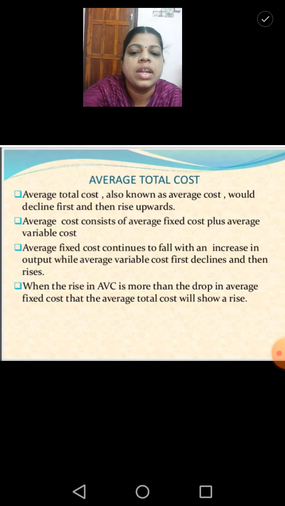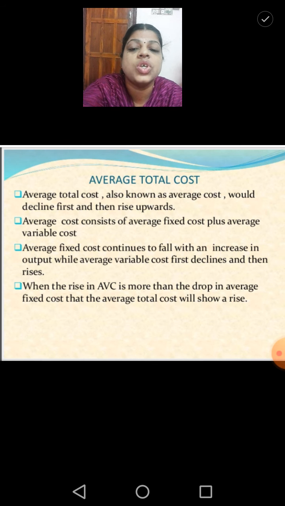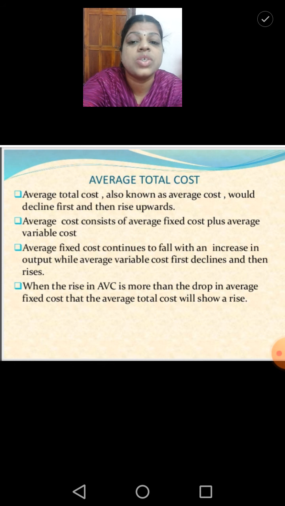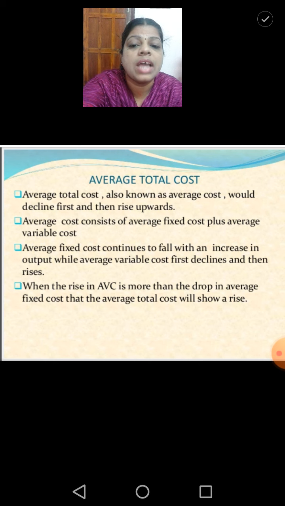The next one is average total cost. It is also known as average cost. It would decline first and then rise upwards. How, children? Because average total cost is equal to average fixed cost plus average variable cost.